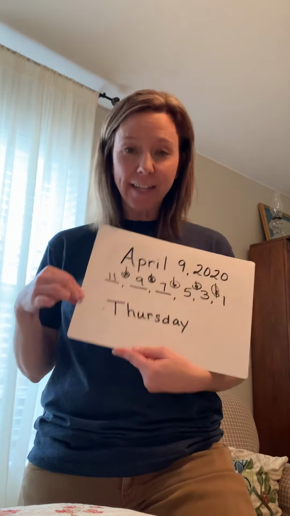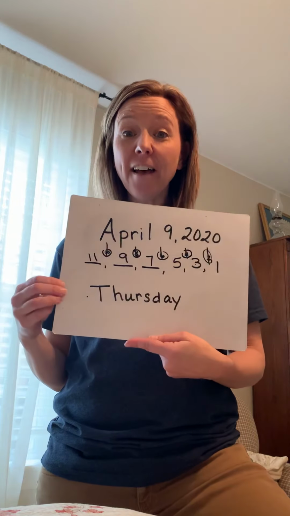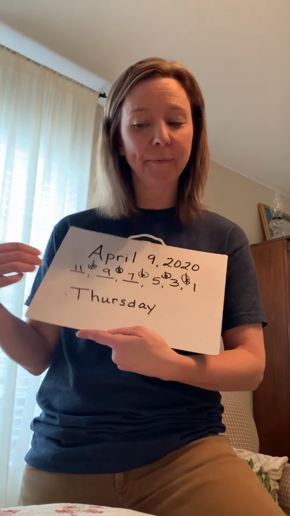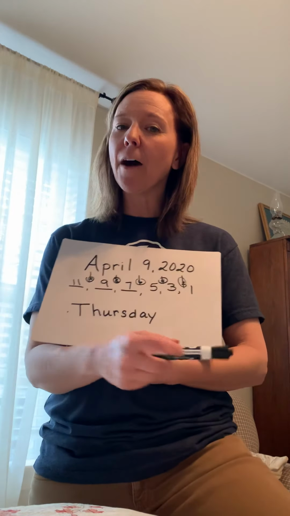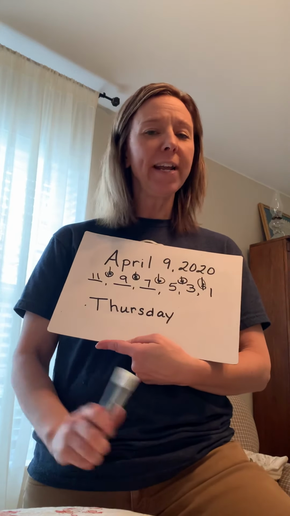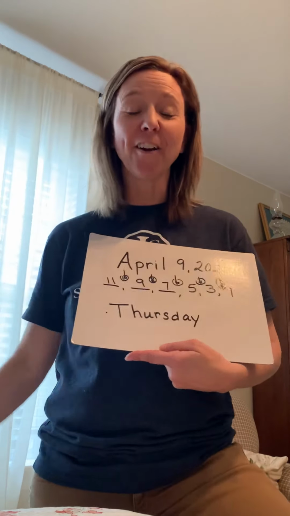Ready? Sunday, Monday, Tuesday, Wednesday, Thursday, Friday, Saturday. There are 7 days, there are 7 days, there are 7 days in a week. All right, how many days are in a week? Shout it out. I can't hear you. 7. There are 7 days in a week.